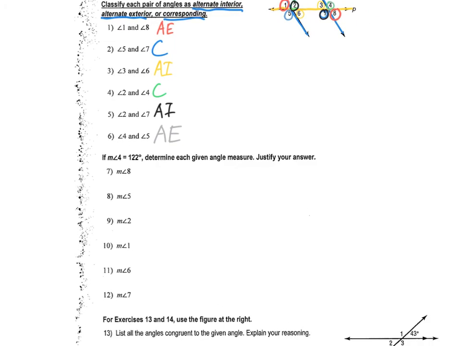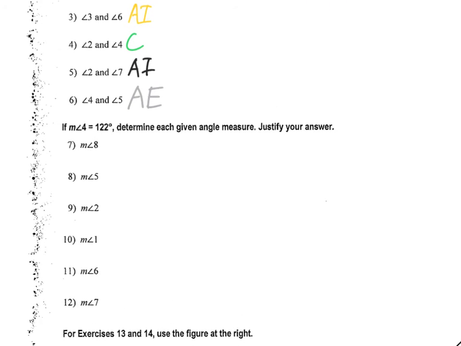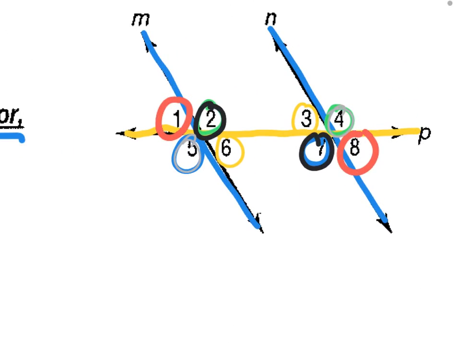For the rest of these, on 7 through 12, they tell you that angle 4 is 122 degrees. So this angle right here is going to be 122 degrees. Now I'm going to clean up a lot of this real quick, if it will let me.